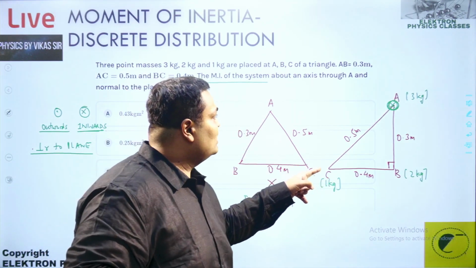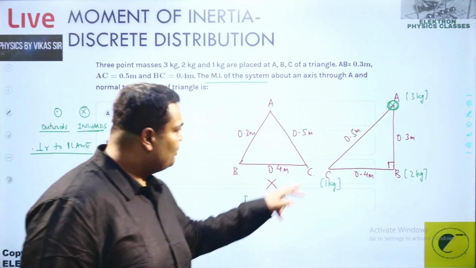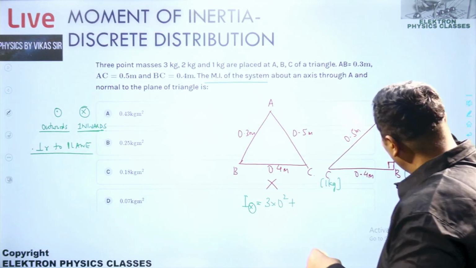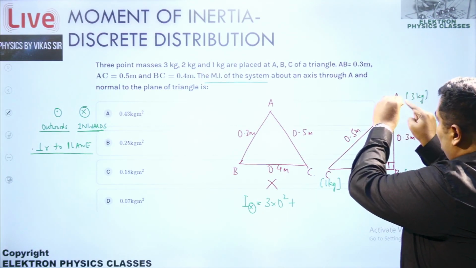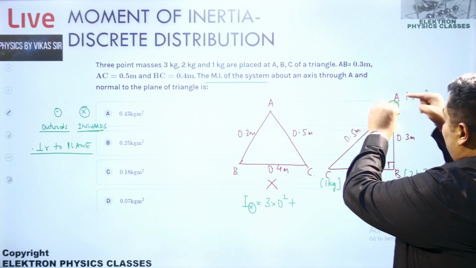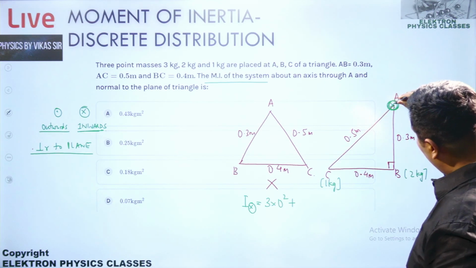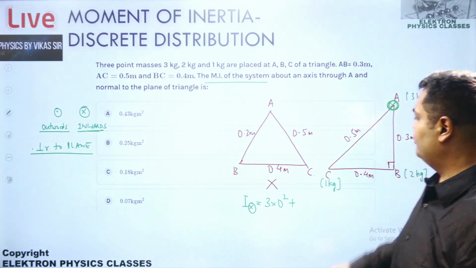C1, because it has the maximum perpendicular distance. It is not along the line, it is perpendicular. This axis is like this, my dear, so this angle will be 90. So this is the perpendicular distance from this axis. Getting the point? That's a plane perpendicular axis. And so this will be the perpendicular distance, that's 0.5.